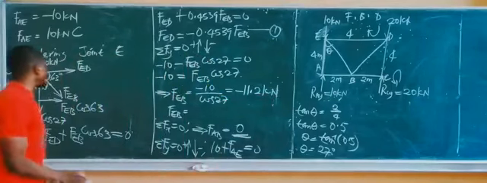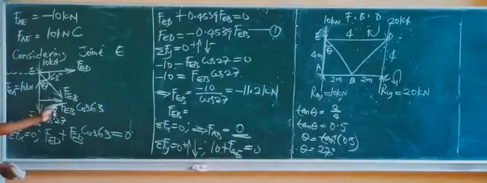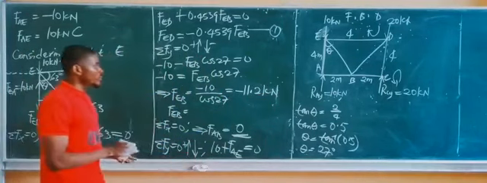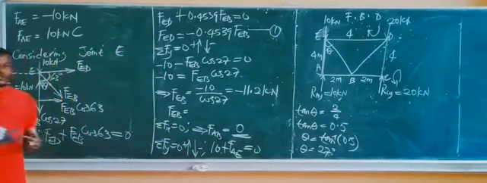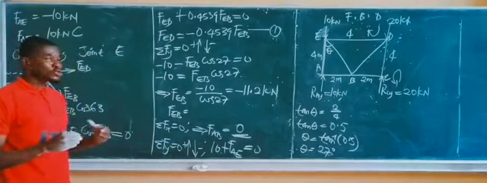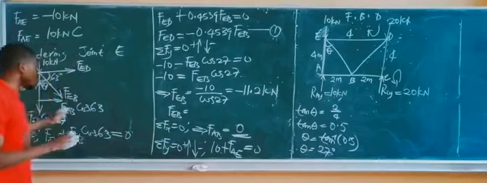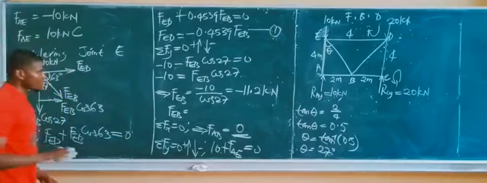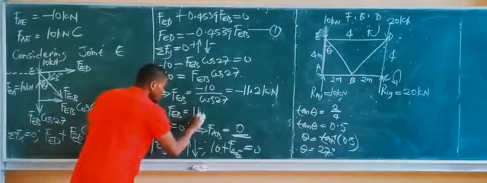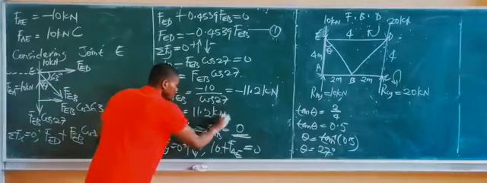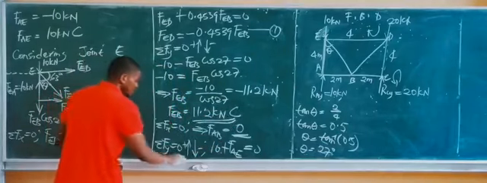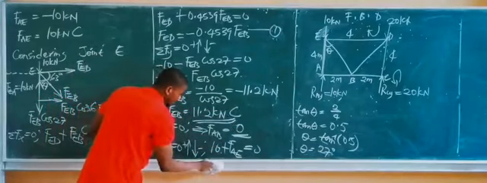So we assumed tension for FEB and we are having a negative sign. It doesn't mean we are wrong, it only means that the direction we assumed is actually wrong. So FEB is actually supposed to be compressive, going inwards instead of outwards. So we now introduce that into the answer. FEB is now equal to 11.2 kilonewtons, compressive. So that gives us the force at joint E relative to point B.